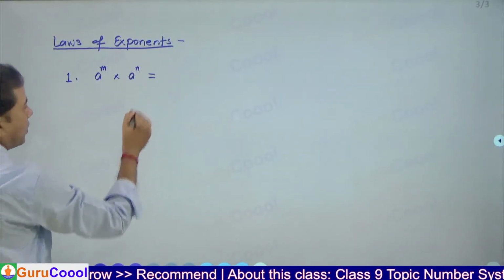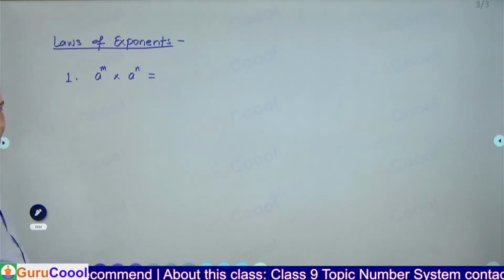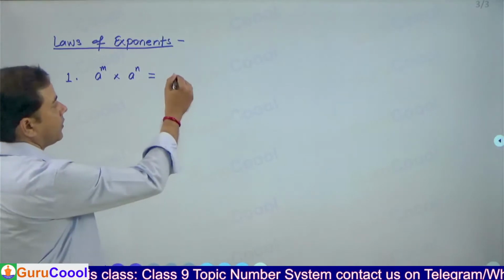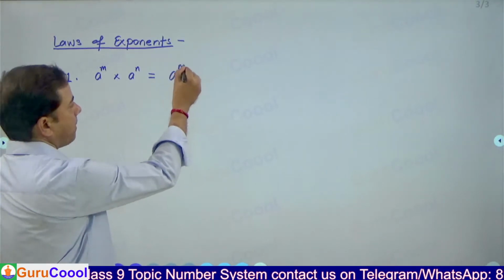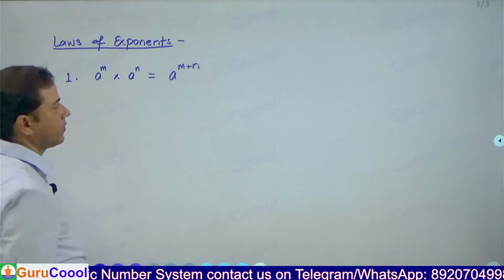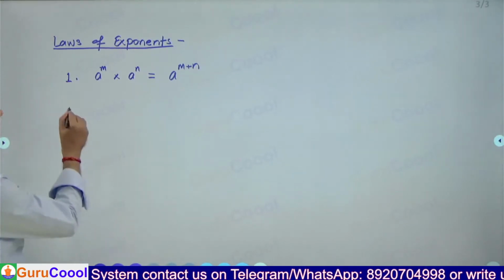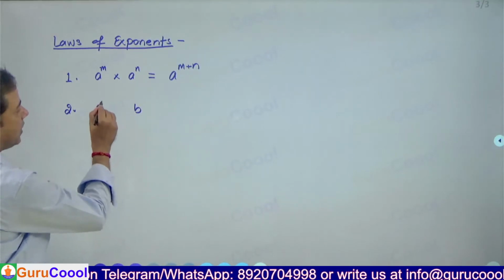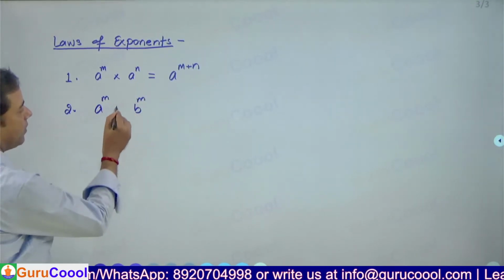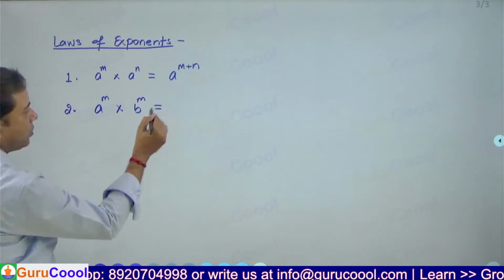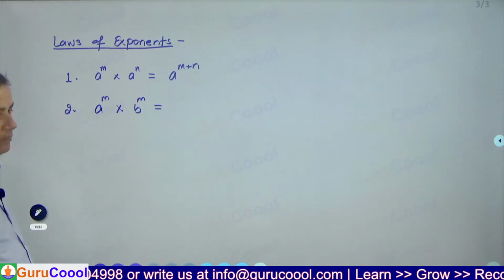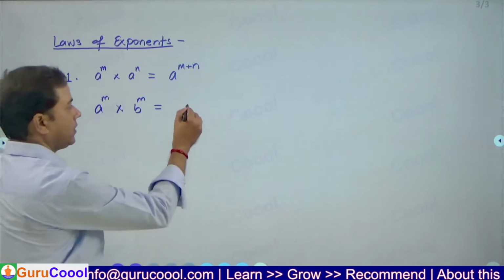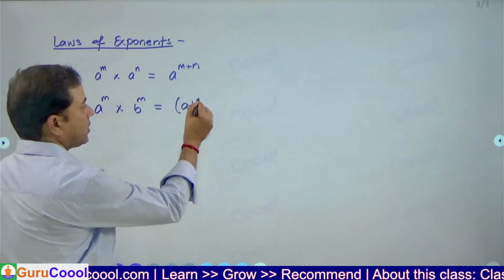What do you do for this? We'll add the powers. You mean a raised to the power m plus n? Yes, sir. Okay. You have different bases, same powers and multiply sign between them. How do you handle? a into b raised to the power m. Right. We can write ab raised to the power m.